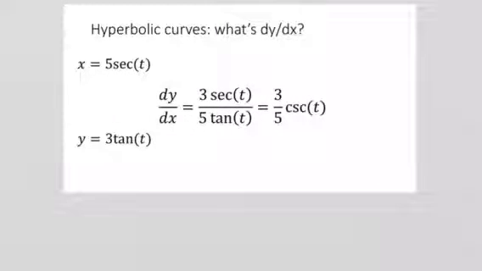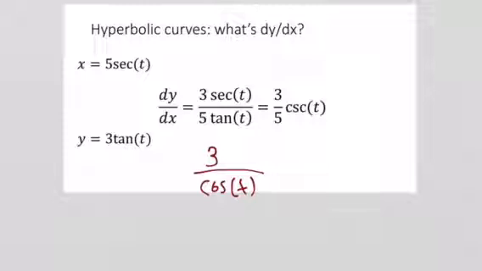I'll show you how to do that right now. So secant, another way of writing that, is 3 divided by cosine, because cosine is the reciprocal of secant, so taking a cosine and putting it in the denominator is equivalent to having a secant in the numerator.